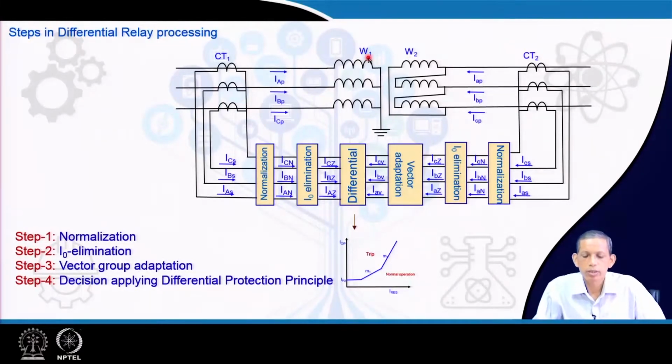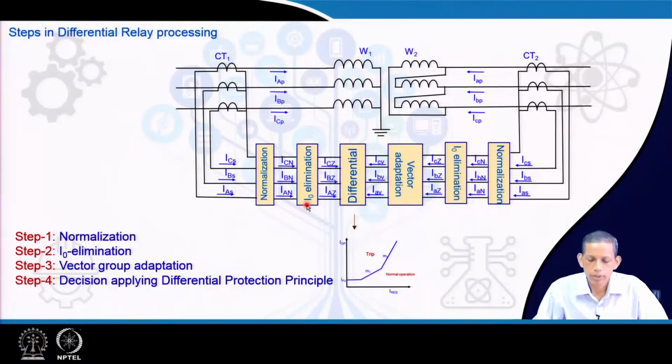Now, let us say winding one refers to the high voltage side, CTs are there, the digital relay acquires the corresponding samples and does the normalization, which we have learned in the last class about the calculation of the normalized current. So, that goes from the CT secondary current, where capital C here refers to the high voltage side, and so we have the ABC three phases. The corresponding currents after the normalization are IAN, IBN, ICN.